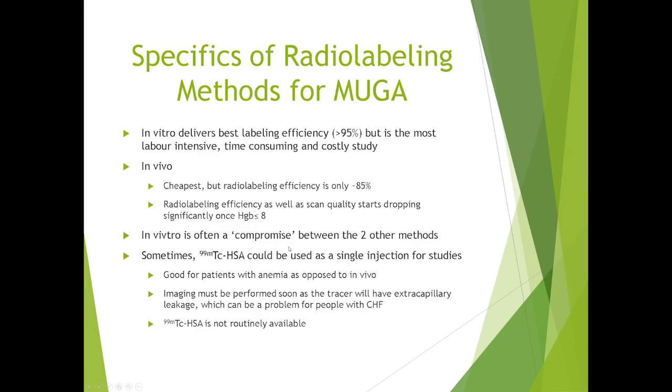Now, an alternative possibility is to use technetium HSA, which is human serum albumin, because that does not require any tagging of the hemoglobin, and it's good for patients with anemia as opposed to in vivo imaging.